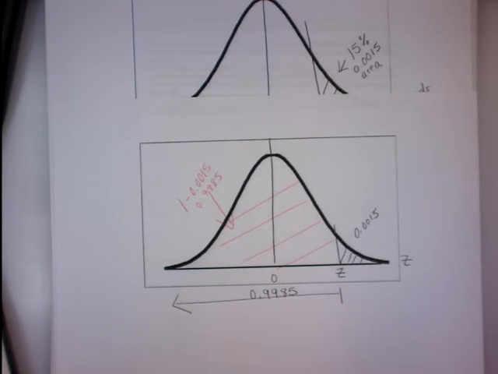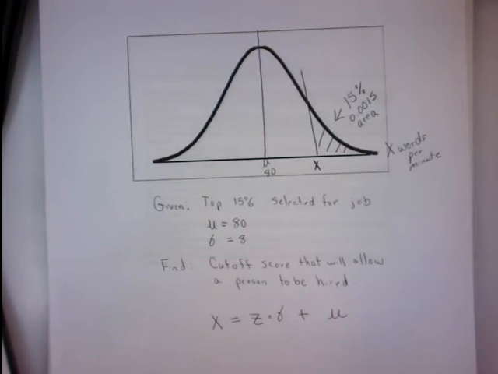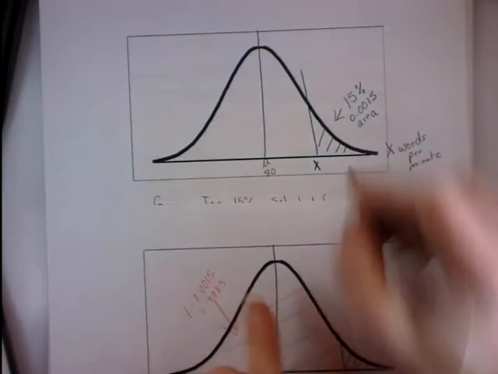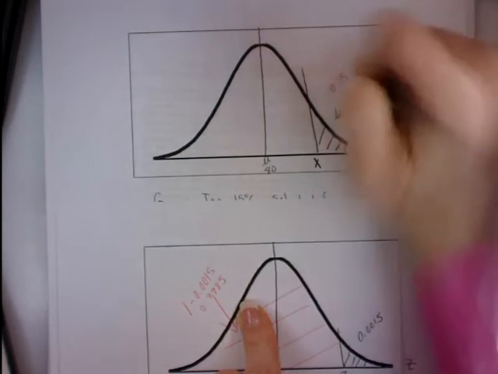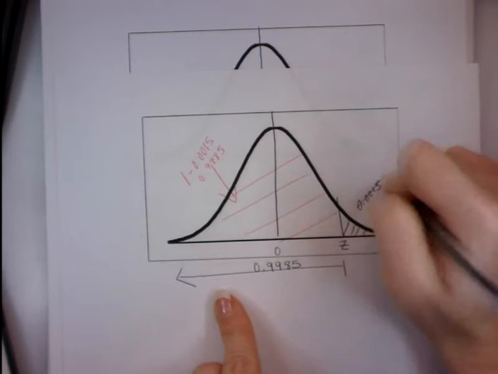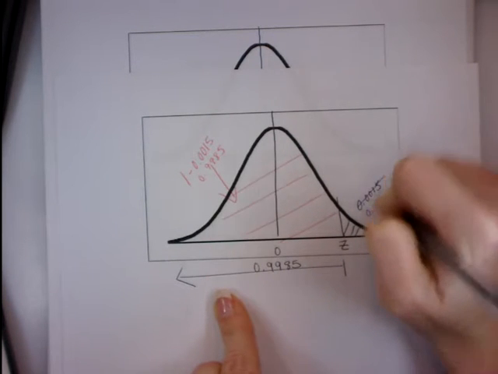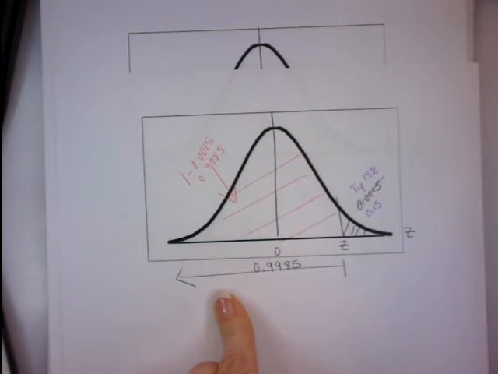And let me go back and make a correction. I just noticed something, a very, very major correction here, and I do apologize. The top 15% as a decimal is 0.15. That's going to throw off the calculations. So the top 15% as a decimal is 0.15.